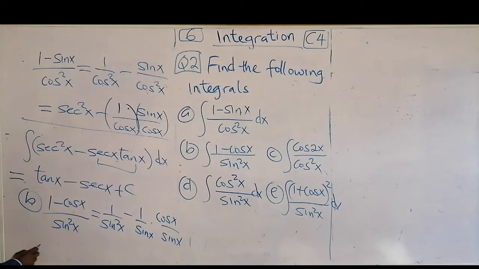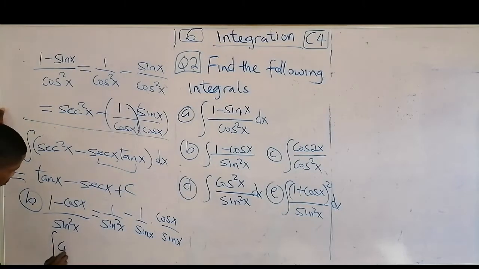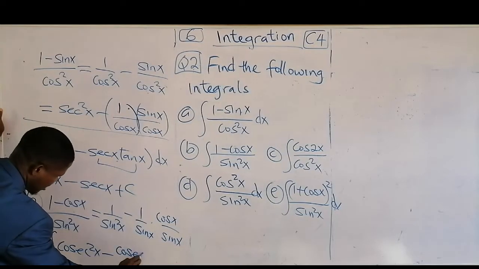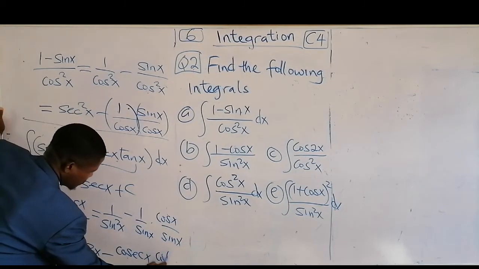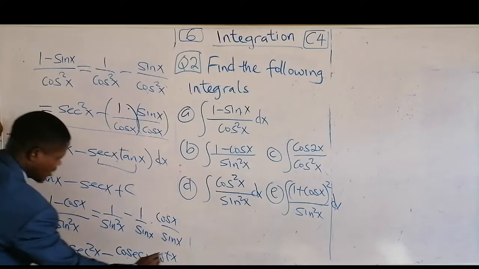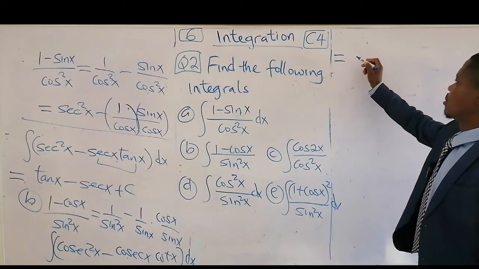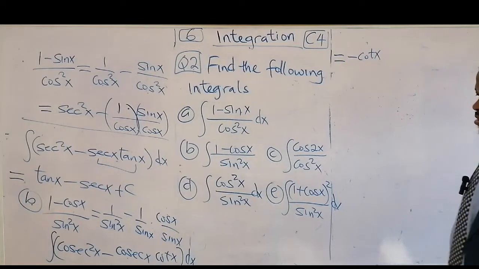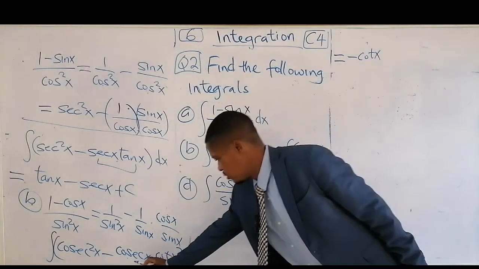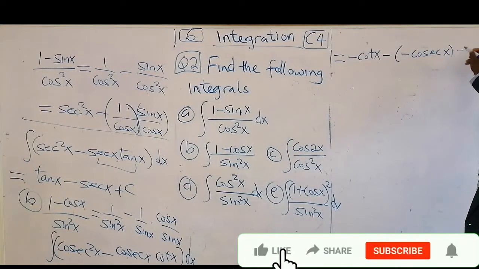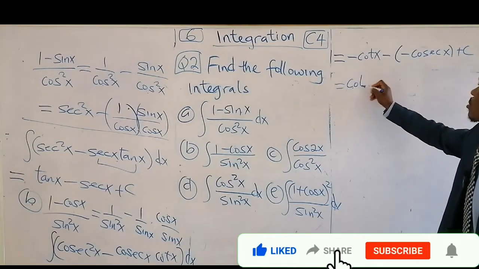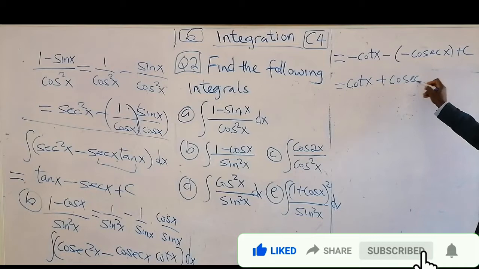This now becomes the integral of cosec square x minus cosec x, 1 over sine is cosec x, times cos over sin, which is cot x. The integral of this will be minus cot x, then minus cosec x plus c. So that's the final answer.